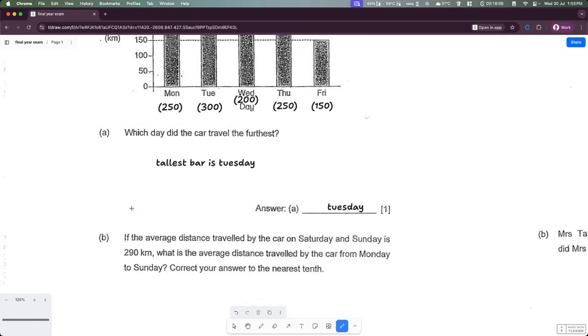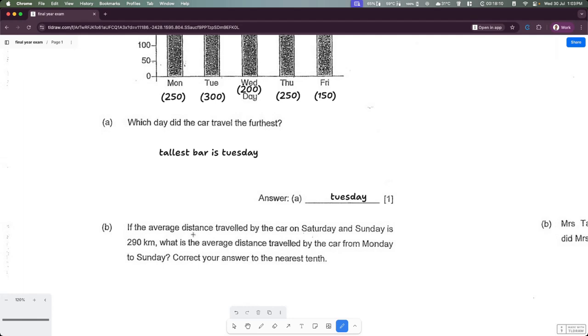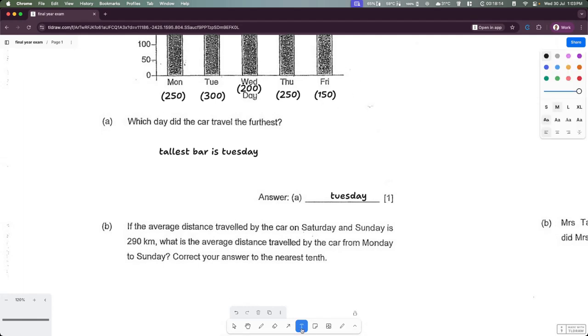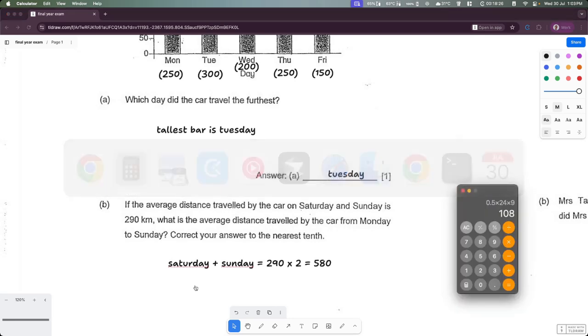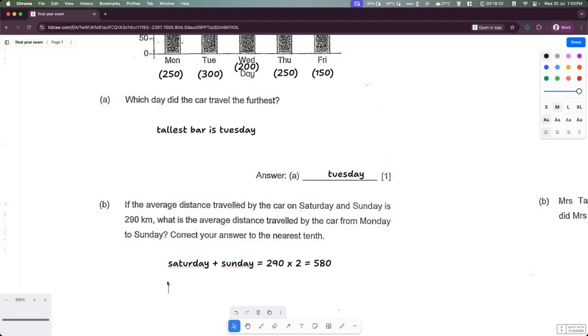Let me zoom out a bit. What we need to do is add all of this, including the 290. Saturday plus Sunday is equal to 290 times 2, which is 580. Use your calculator: 290 times 2 is 580.